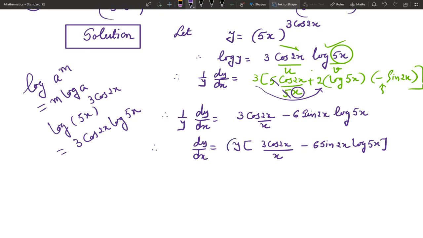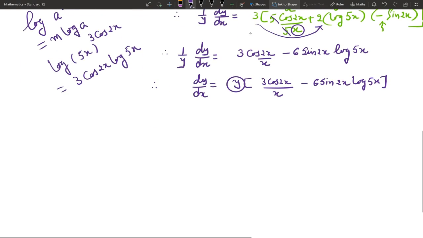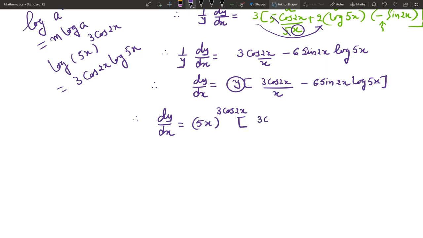Put value for y, and therefore dy by dx equal to value of y is 5x raised to 3 cos 2x into bracket 3 cos 2x upon x minus 6 into sin 2x log 5x.